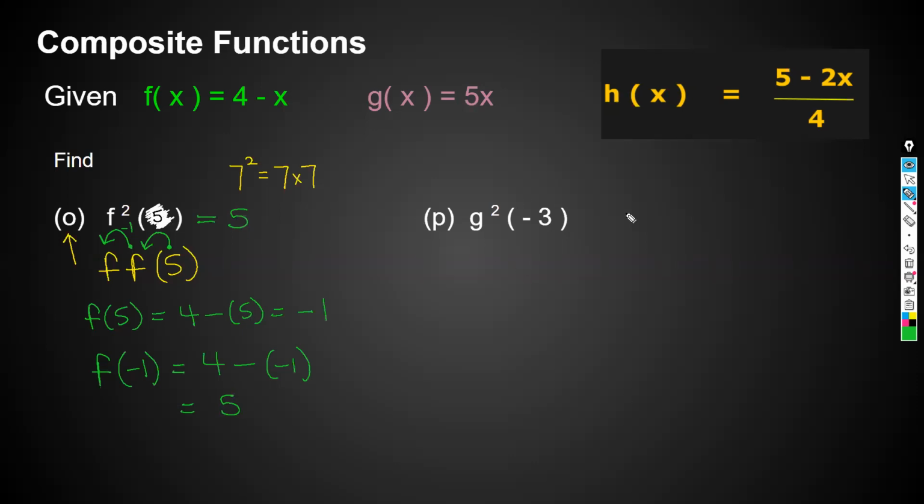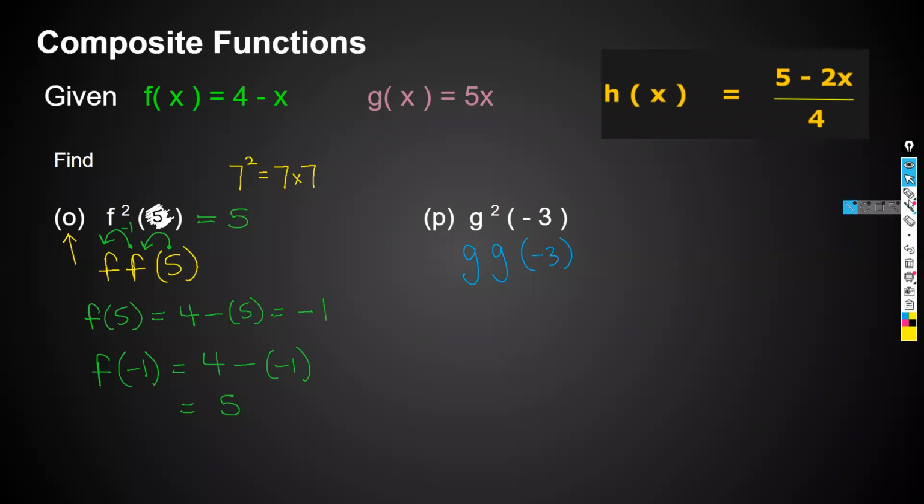Using that same knowledge now, you think you all can do P for me? g squared means g of g of minus 3. Throw minus 3 into g, and whatever you get, throw it back again into g. I don't know the answers yet, but I'll work it out in a few seconds.